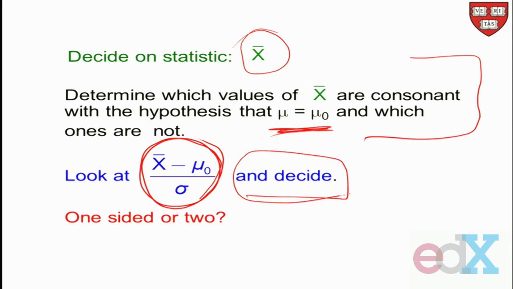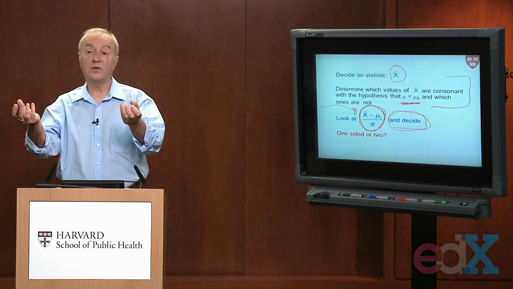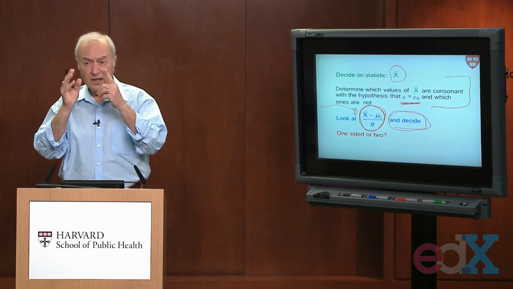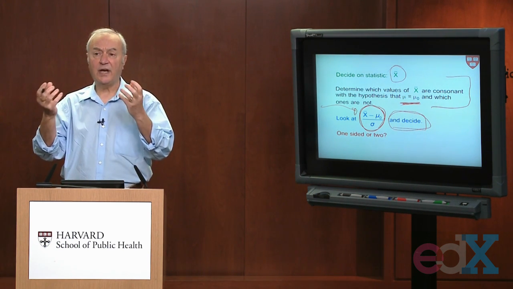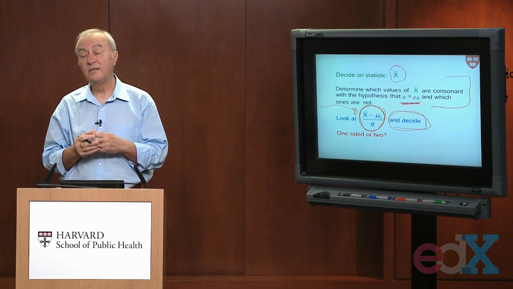Then decide whether this difference, the difference between the sample mean and the hypothesized mean, is too large or not. Now, that's a little tricky to decide. First, we have to standardize so that now we put this on a standard scale. So 95% of the time we expect this between minus 1.96 and 1.96.